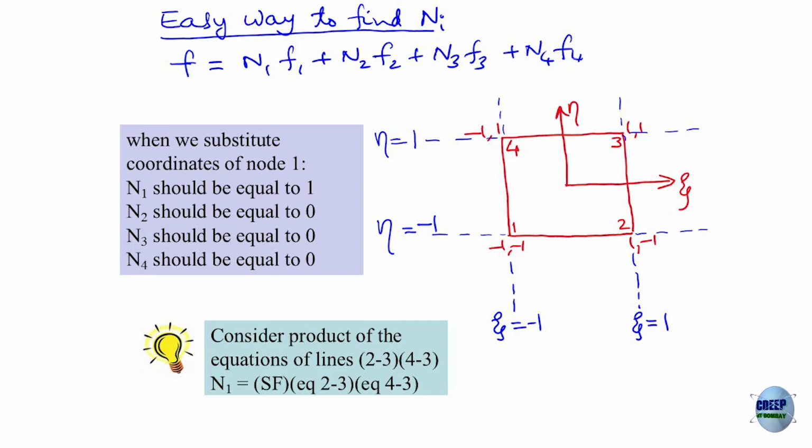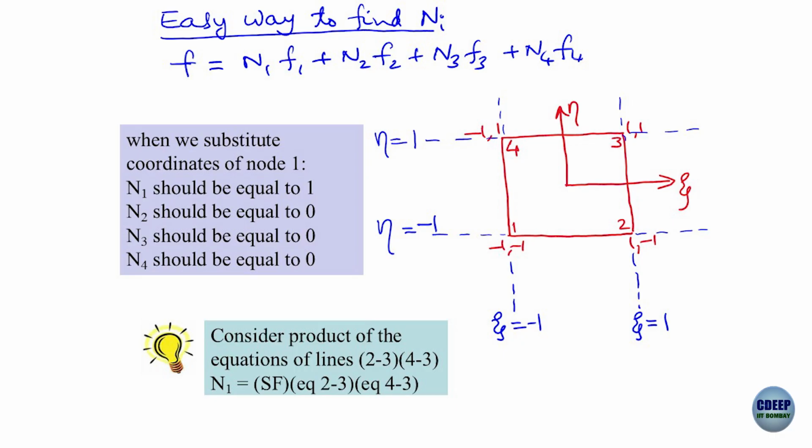It should be equal to 0 at all other nodes. Here there are 4 nodes, so I wrote 2, 3, 4. But it should be 0 at all other nodes, however many nodes are there in the element. So, I can use that logic to build more and more complex elements and their shape functions.